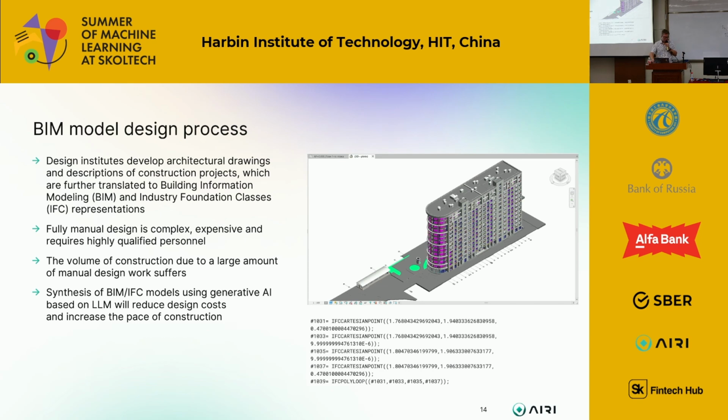When we speak about BIM model design, we need to find out what type of data and what type of format is used inside. Here is a sample of a project and a small part of the internal representation of this project in Autodesk or some other software. It is just a number of symbols, a number of classes, and their positions inside.